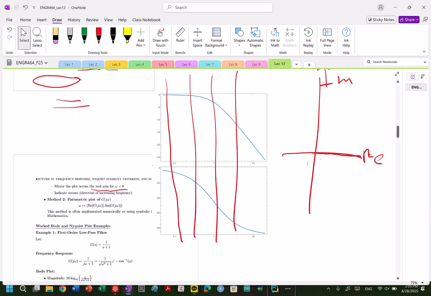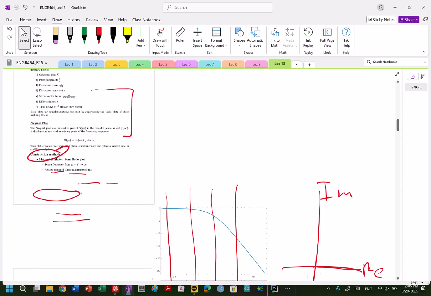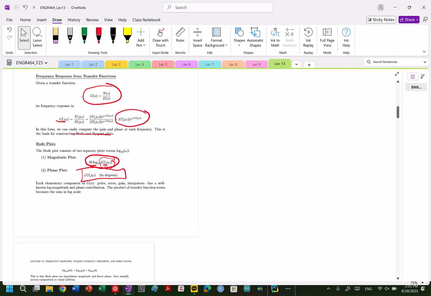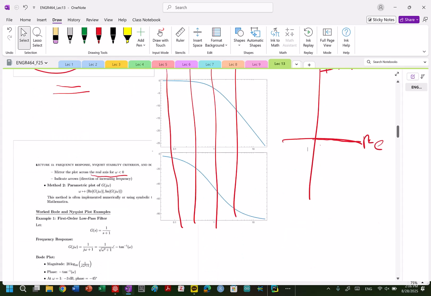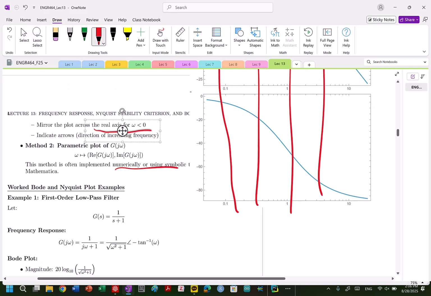So that's one method: sketching it out, correlating it, and seeing where the angle is going as you increase frequency. Remember, you're looking at that real and imaginary response, and we can see it through here. Now, the second method, you can just use Mathematica, simply by plotting it here.